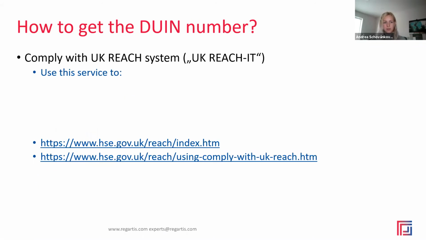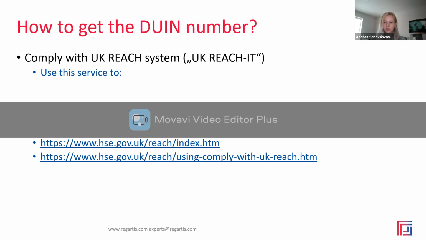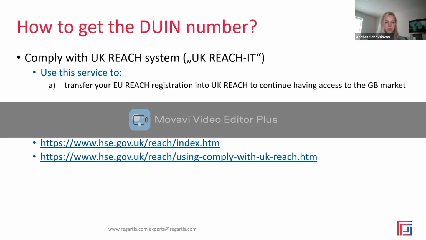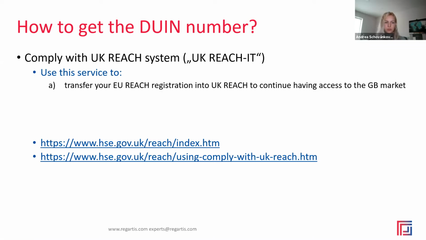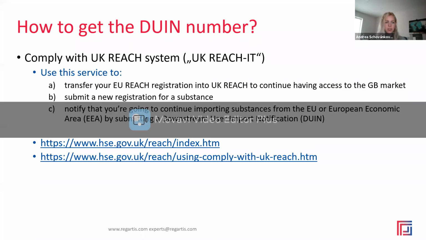Now, this is the frequent question: how to get the downstream user import notification number. This is the only thing that you will get from the system, from the UK REACH IT system, when you need to submit the downstream user import notification. The system can be used for the transfer of European registration to UK REACH, also to submit new registrations for substance and for the notification, and to transfer your assets.